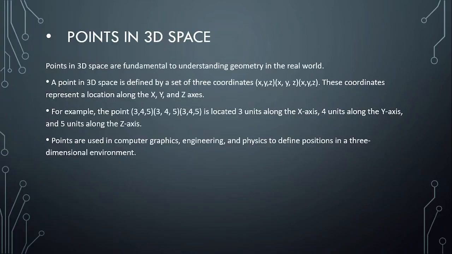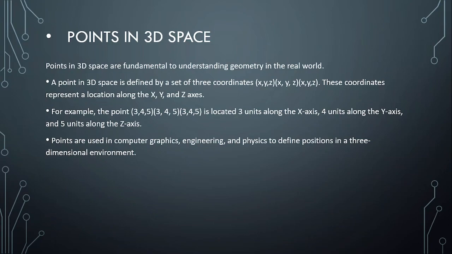Points in 3D space. Points in 3D space are fundamental to understanding geometry in the real world. A point in 3D space is defined by a set of three coordinates, which are x, y, and z, and these coordinates represent a location along the x, y, and z axis.